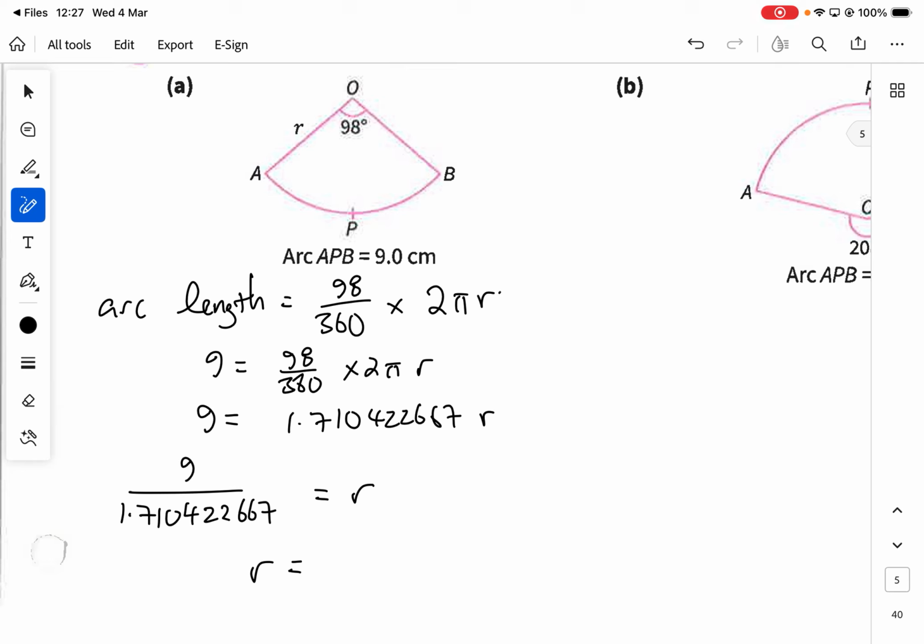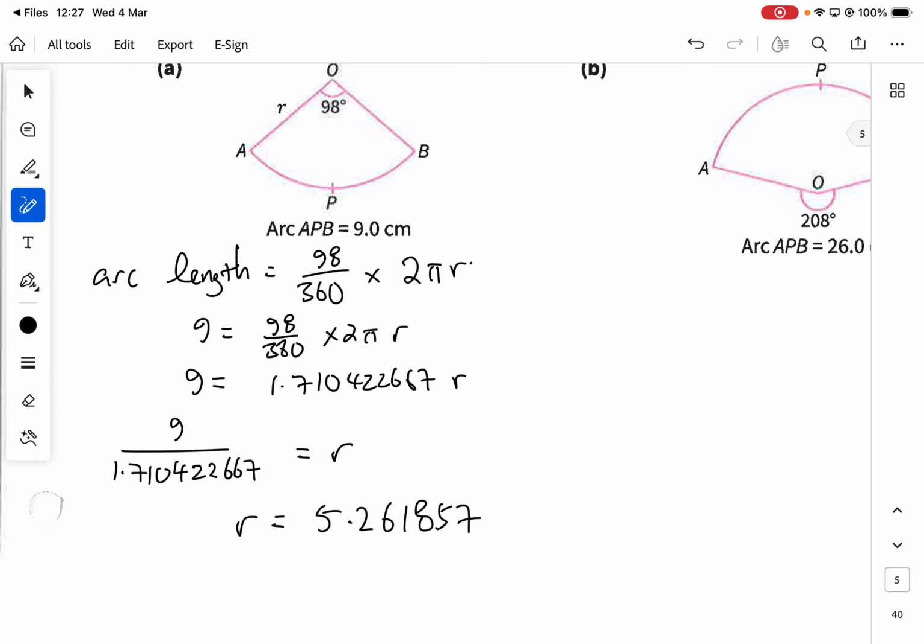Okay, try part B. The idea is the same, but you must be careful with the angle that they give you. They give you this one, but you know this arc length. So if you know this arc length, you need to find this angle first. This angle is the angle for this arc length. So how do we label that? You don't need to label.